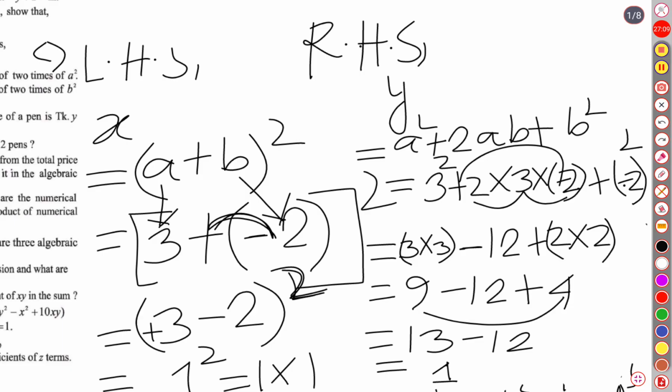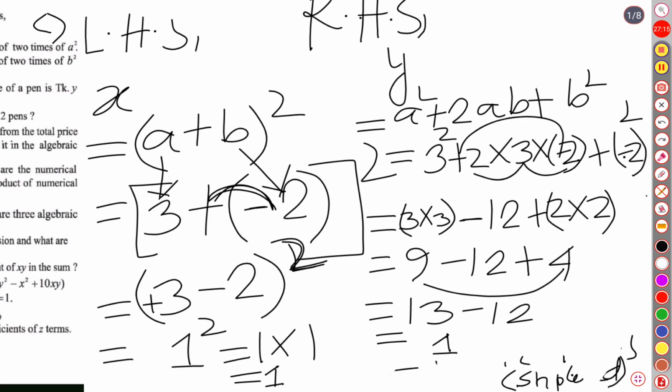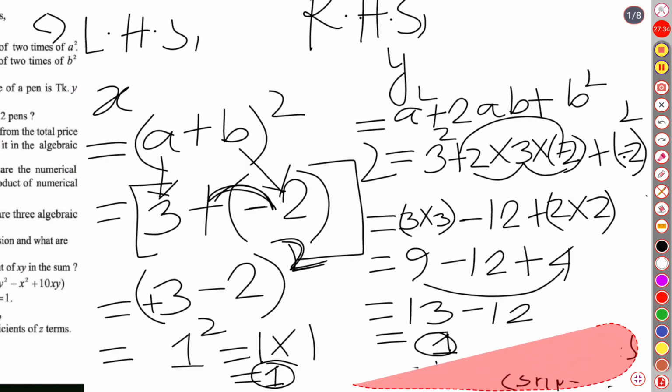Now let's see, the left side was also what, 1. This is the left side. So left side was also 1, right side is also 1. So we can write equal, hence left hand side is equal to right hand side. Let me erase the lower portion so that we can get space to write this.